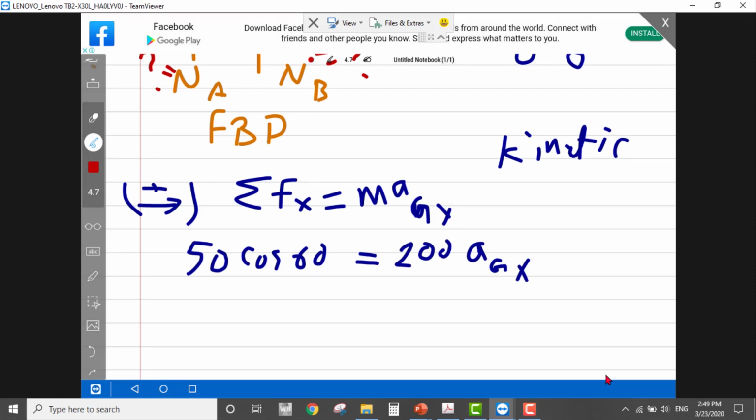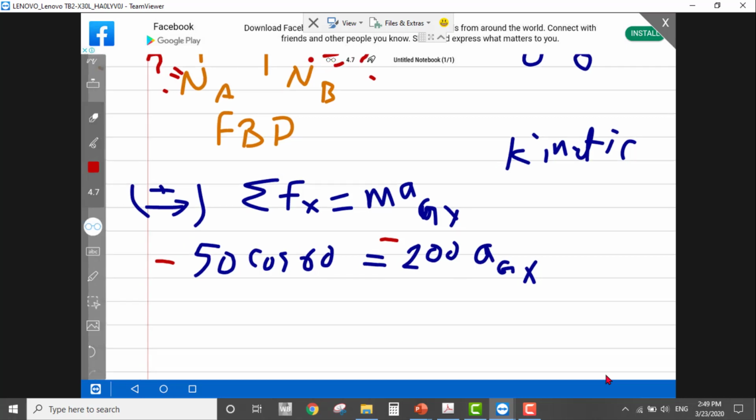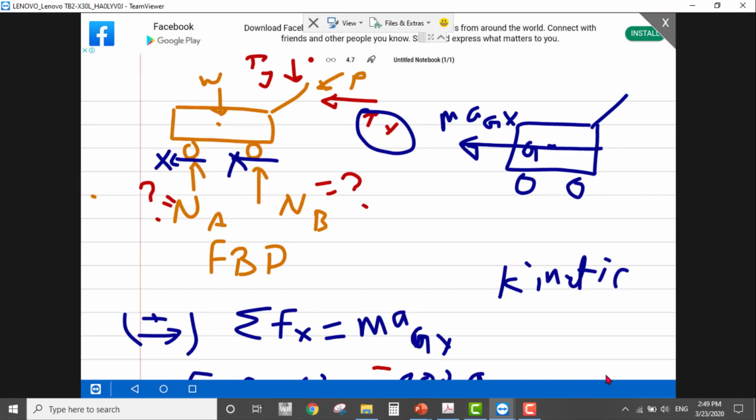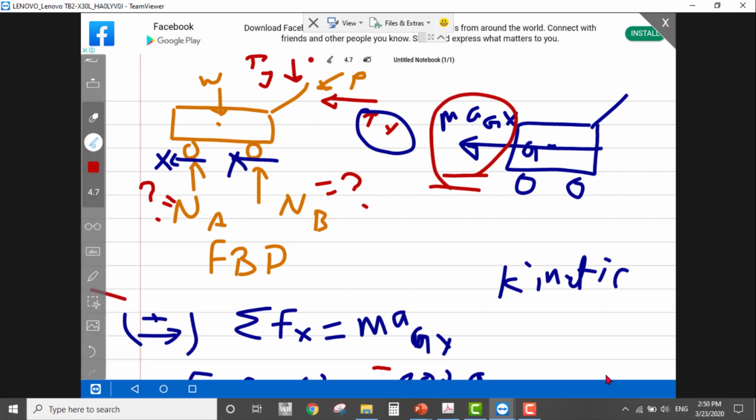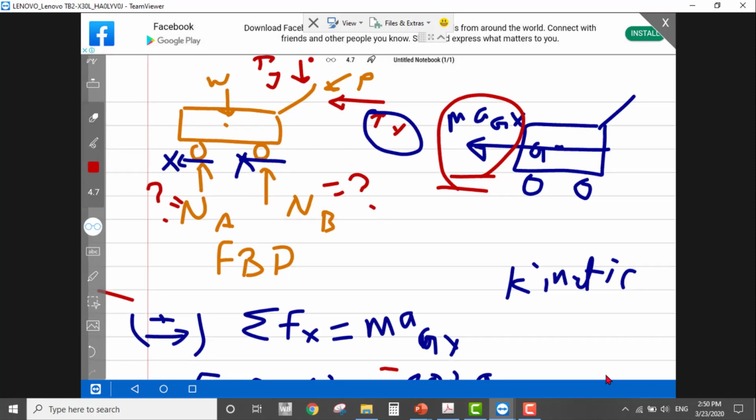This acceleration is directed to the negative x direction, as you can see from this drawing. And also this one, the acceleration towards the negative x direction.